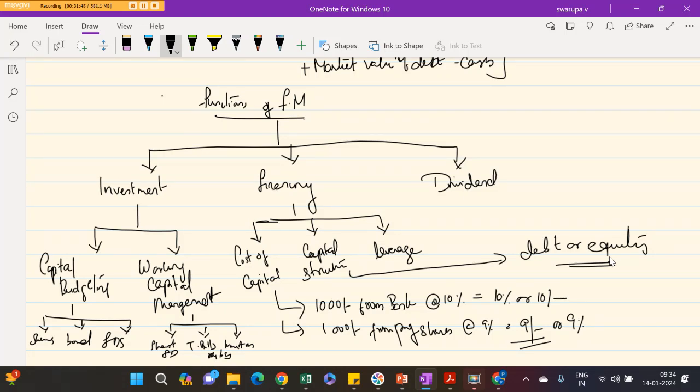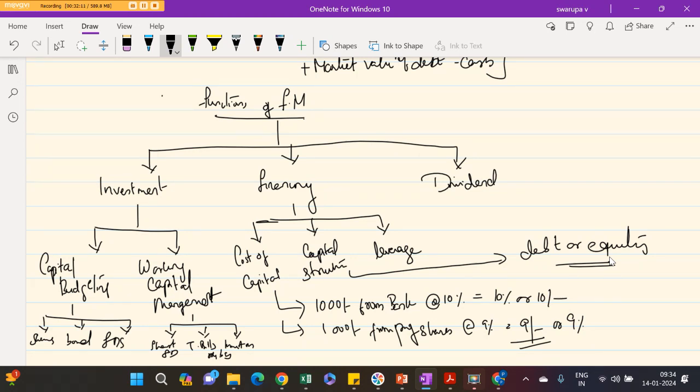If we have to pay interest on a monthly basis, monthly we need to have so much of amount. So if I am raising 1,000 crores through debt, what will be my interest amount? It will be very huge. So I need to keep that much working capital, and when I am keeping that much working capital, my investment options are reducing.